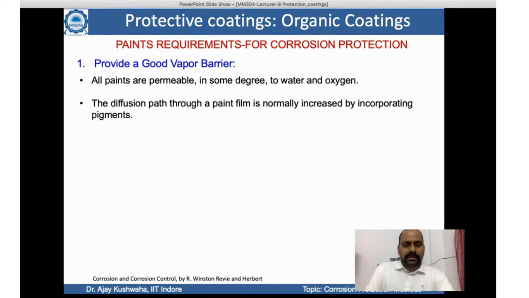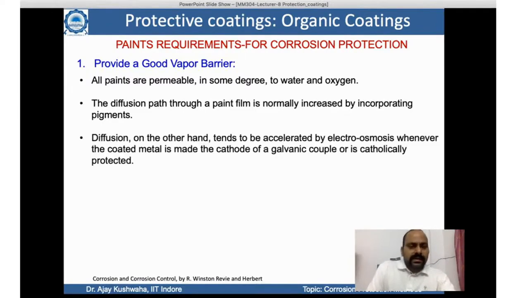The diffusion path through a paint film is normally increased by incorporating pigment. So if we are incorporating pigment, then of course this diffusion path will be larger. Diffusion, on the other hand, tends to accelerate by electro-osmosis whenever the coated metal is made the cathode of a galvanic couple or is cathodically protected.